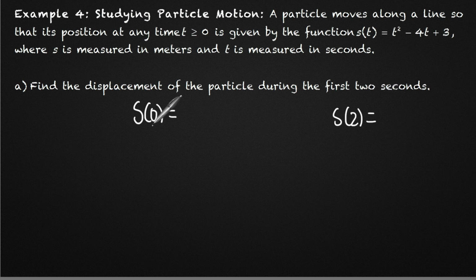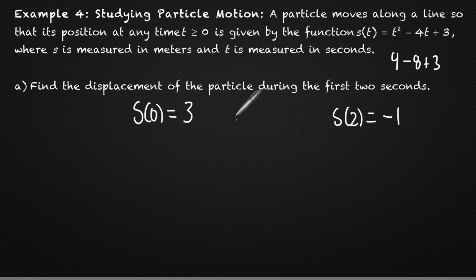So to get the starting position, we simply plug 0 into the position function, and we get 3. To get the ending position, we plug 2 into that same equation. So 2 squared is 4, minus 4 times 2, which is 8, plus 3. So negative 4 plus 3 is negative 1.